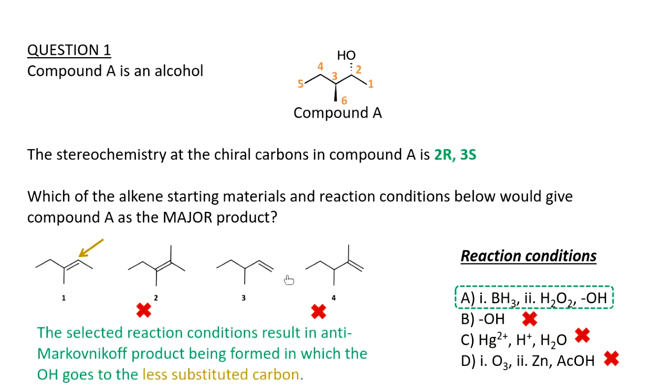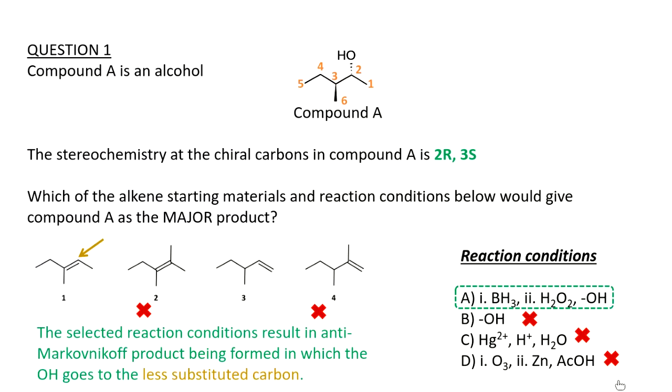And so the only option here is alkene number 1. In alkene number 1, the OH will end up on carbon number 2, and the hydrogen will end up on carbon number 3.